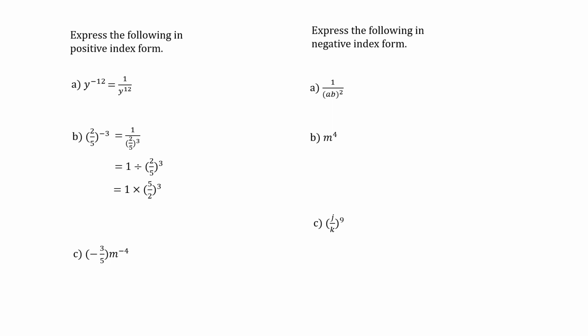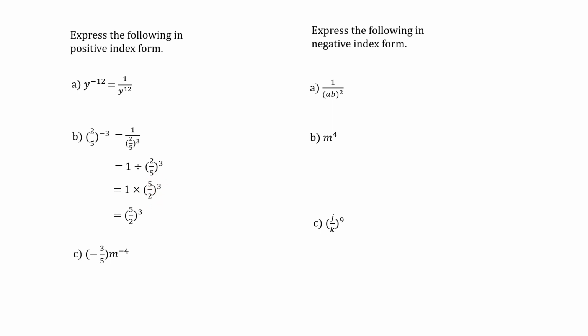When it is division, you change it into multiplication and you flip the numerator and denominator. So it becomes 5 over 2 cubed. 1 times anything is equal to the same number.